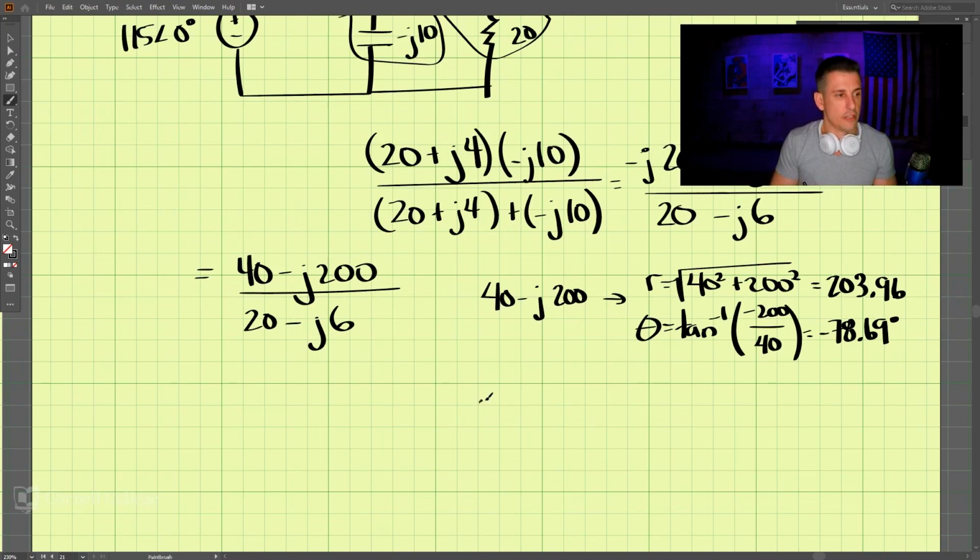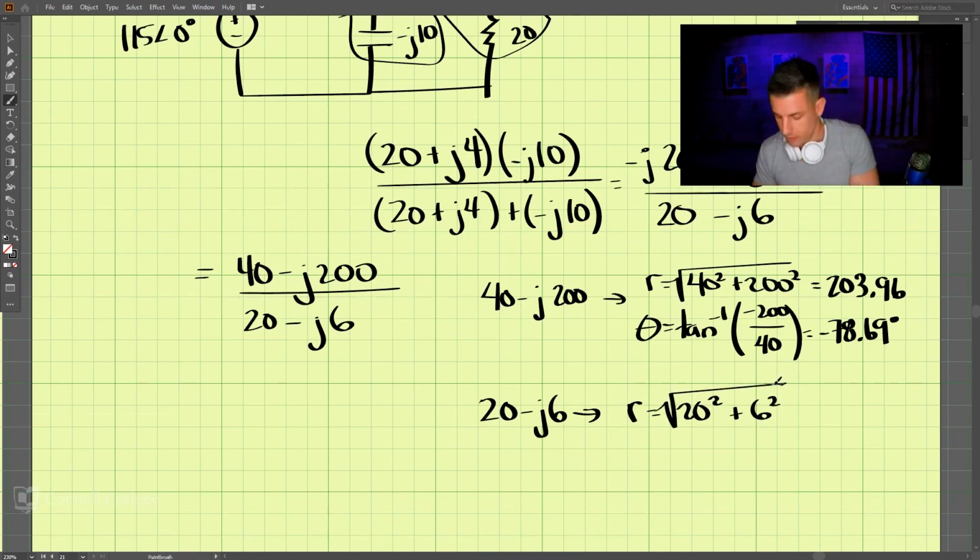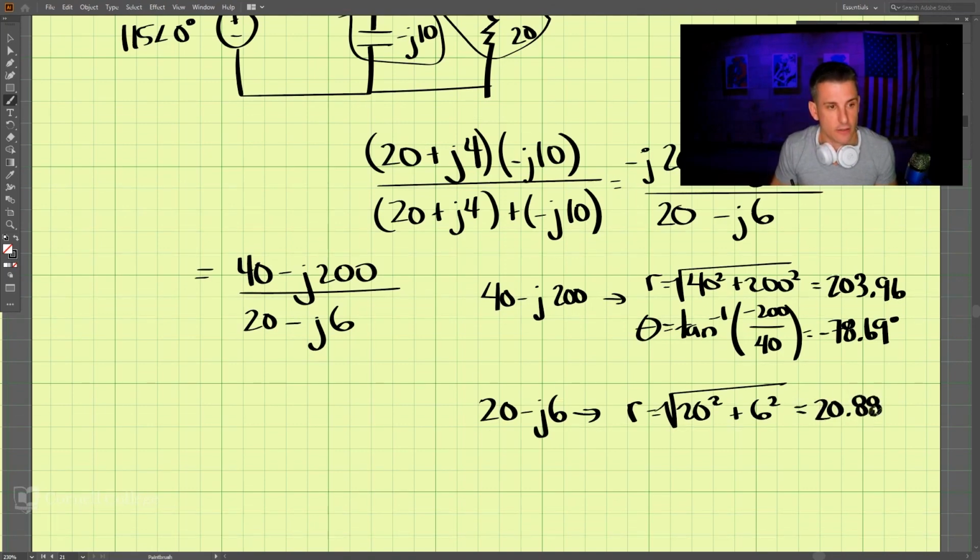Now let's do the 20 minus J6. R is going to be equal to the square root of 20 squared plus 6 squared. That is 20.88 there.